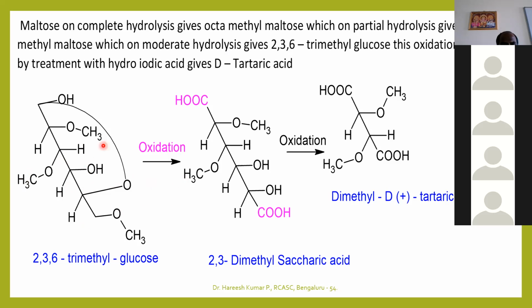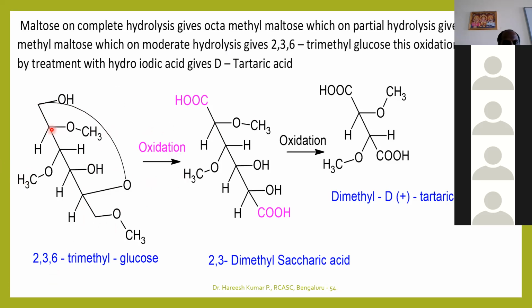So this is called 2,3,6 trimethyl glucose. Here 2 means the second position, and this is the anomeric carbon atom. This is the second carbon atom, and this one is the third carbon atom.